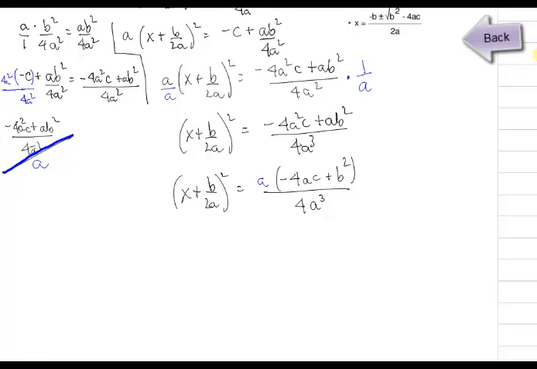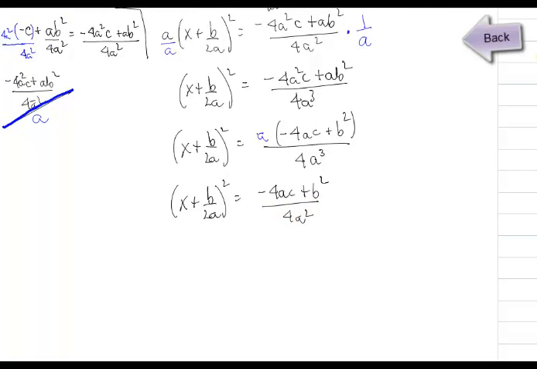Now what I want to do is reduce this a with one of the a's in the denominator. Leave the left as is. Reduce my a, so that's going to leave me with negative 4ac plus b squared over 4a squared.